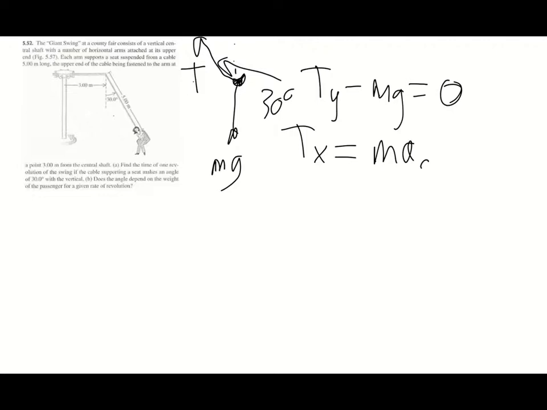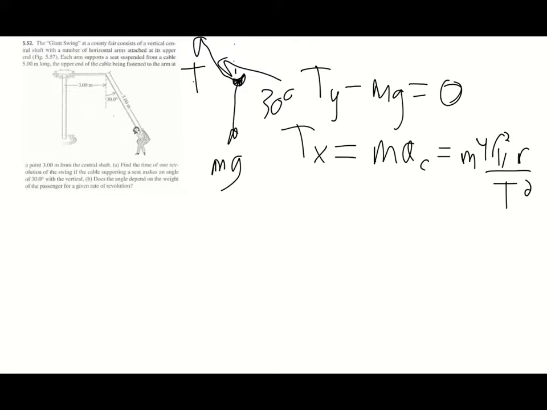And because this time we want the period of it, we're going to replace it with m 4 pi squared r over T squared. It's going to get us the closest to the period that we want. So let's start by finding what the tension is.